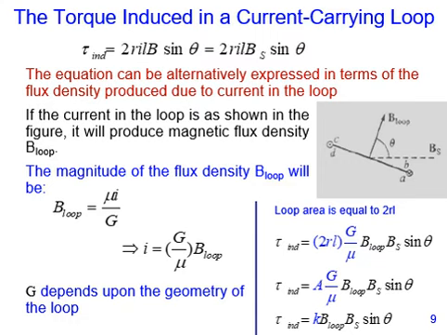By putting these values, instead of 2RL we put A, and instead of I we put the value from the equation found on the left side of the column. By substituting these two values, we find that the torque would be equal to AG over mu, B loop, Bs sine theta.